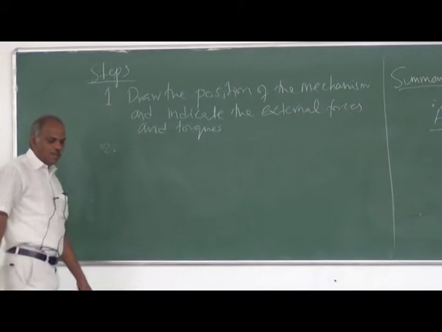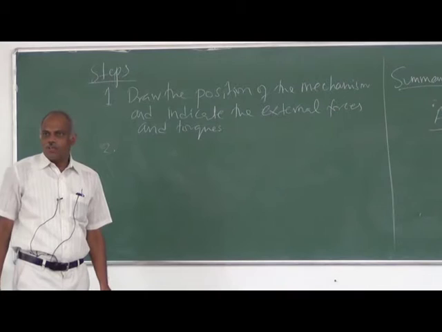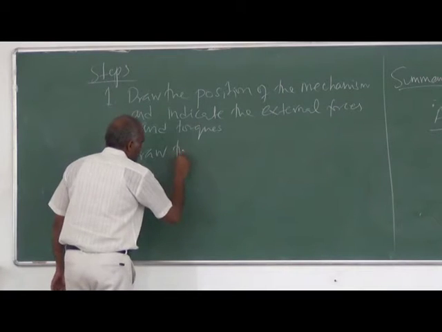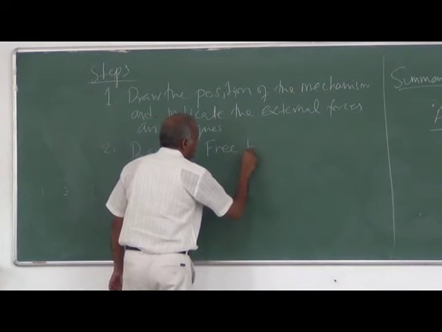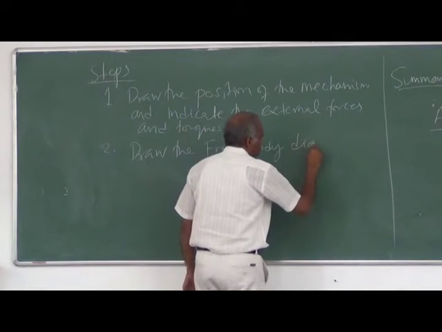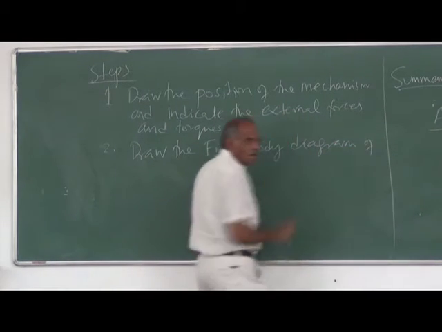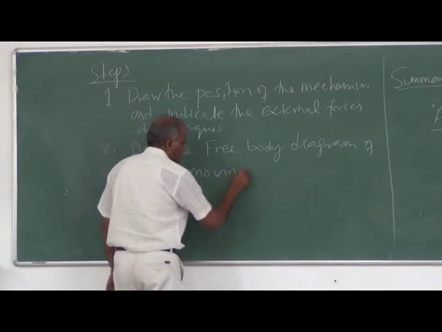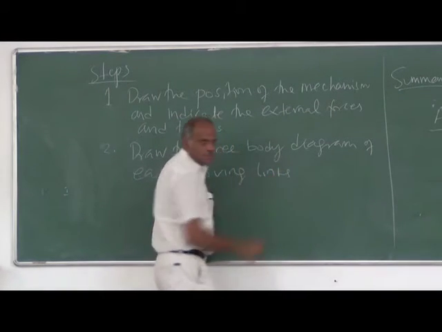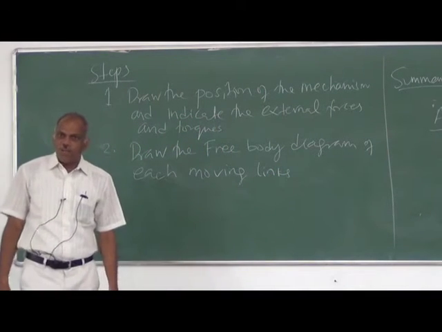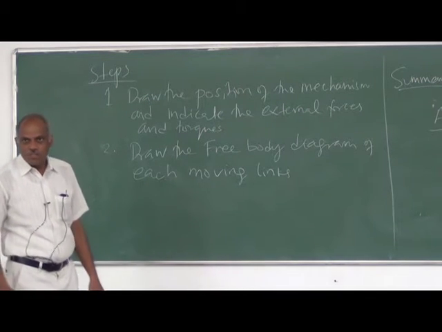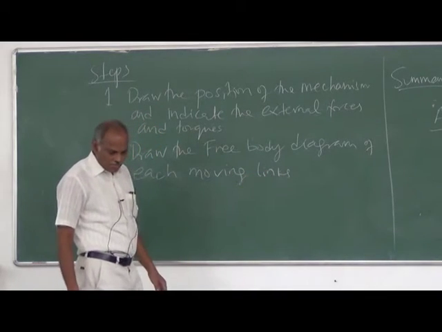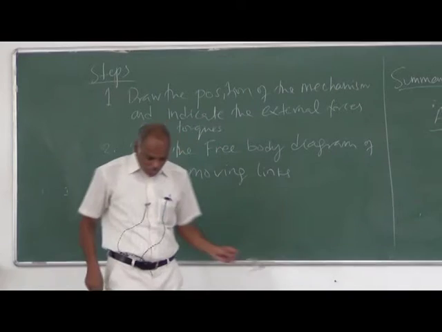Then the second step is to draw the free body diagram of each moving link. That is, we don't draw the free body diagram of the ground. That is not useful. So, draw the free body diagram of links which are capable of moving. So, that is the next step.